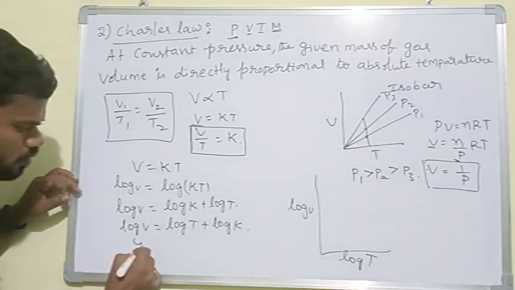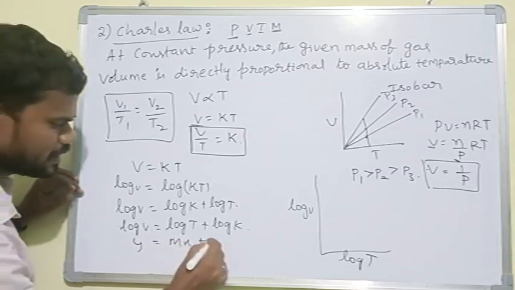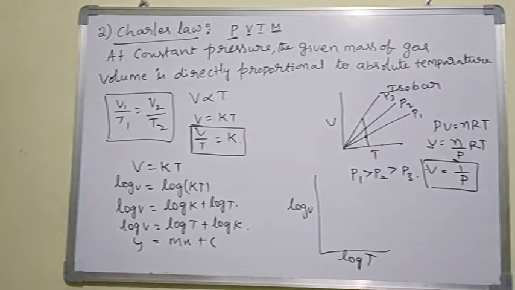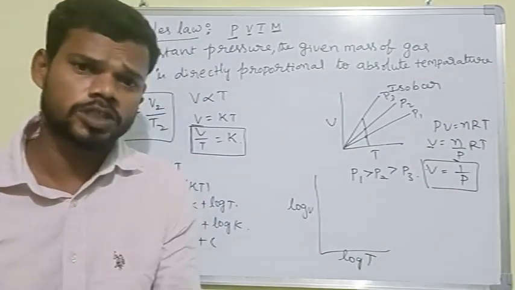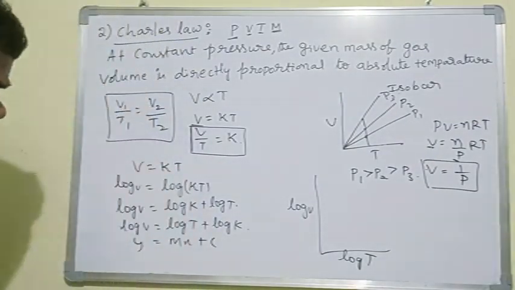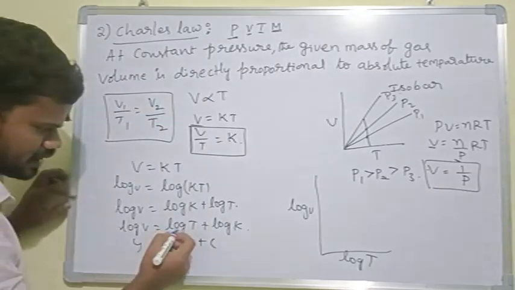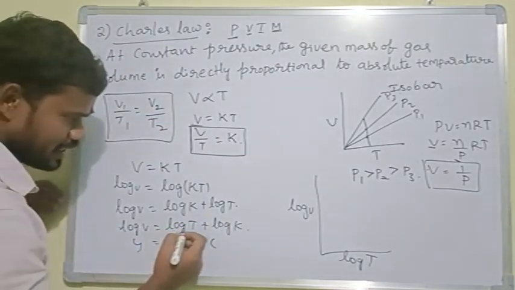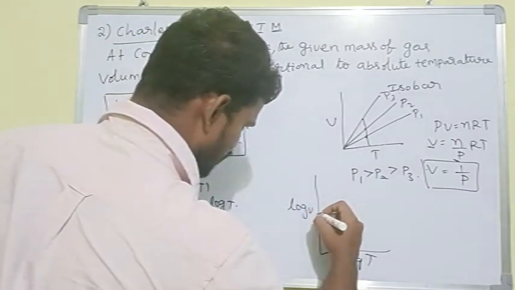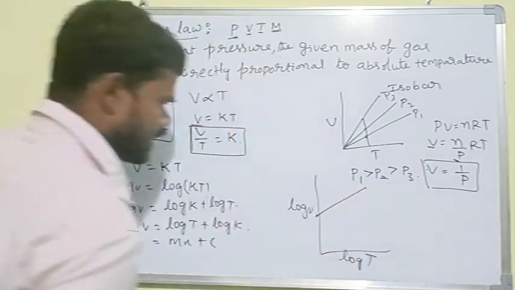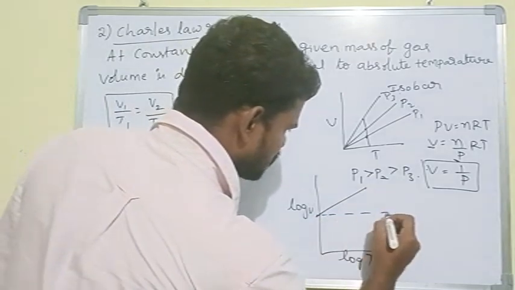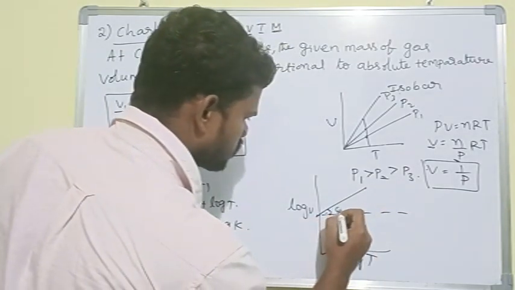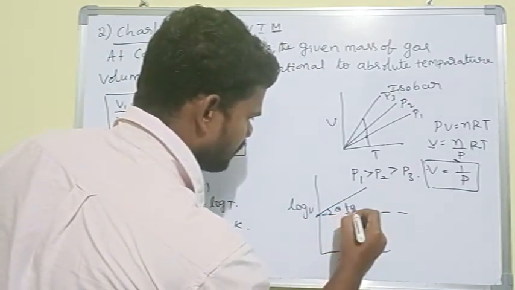This resembles y equals mx plus c, which means we will get a straight line only. In that straight line, we can now discuss whether it is a positive or negative slope. Let us take an angle theta, for example 45 degrees.